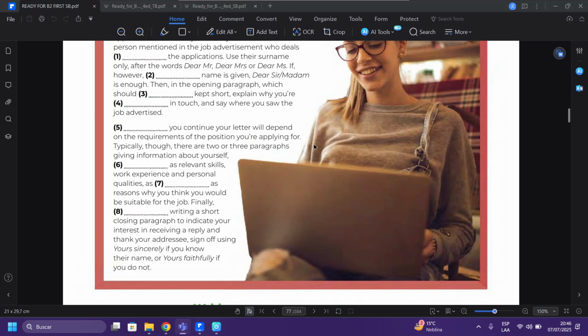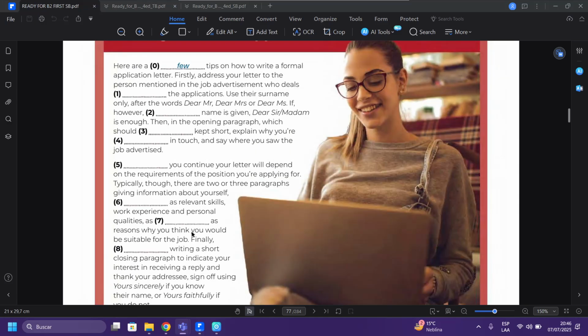Finally, we have number 8, writing a short closing paragraph to indicate interest. What do you think is here, guys? Do you give up?